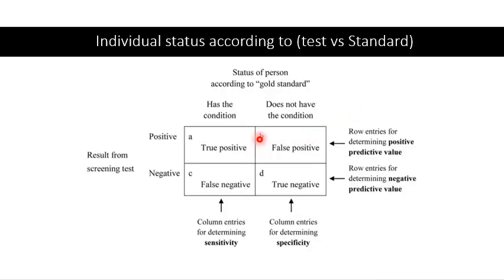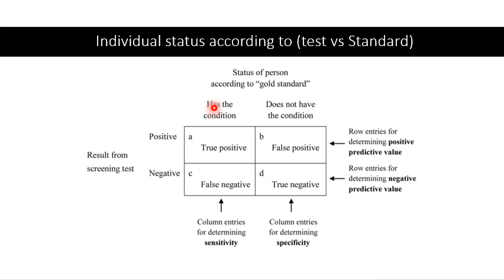This 2 by 2 table is a common way of presenting the validation results obtained by comparing the results of the new test, the screening test, on the side with the gold standard test on the top. The gold standard test would set up the positive first and then the negative, and the new test would put the positive on top and then the negative on the second row.